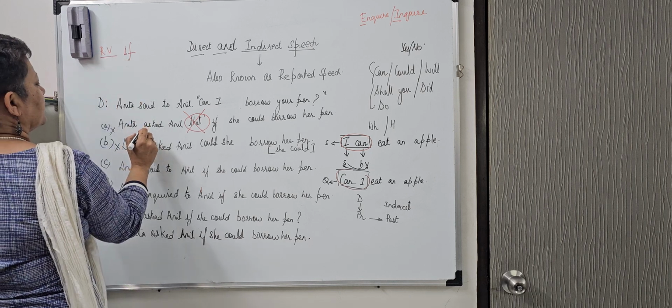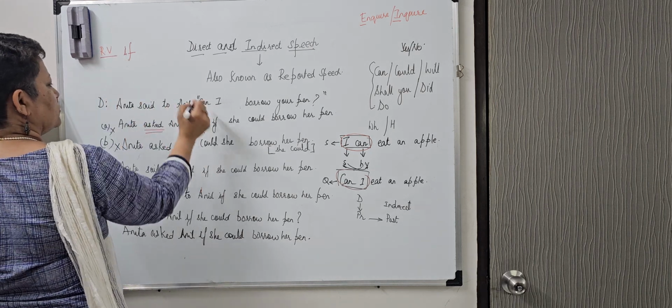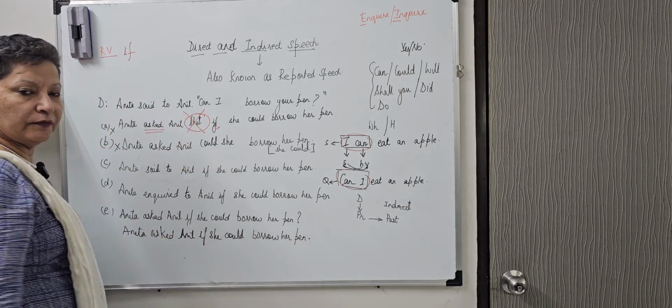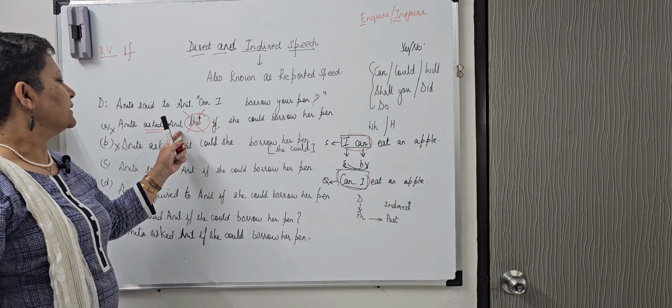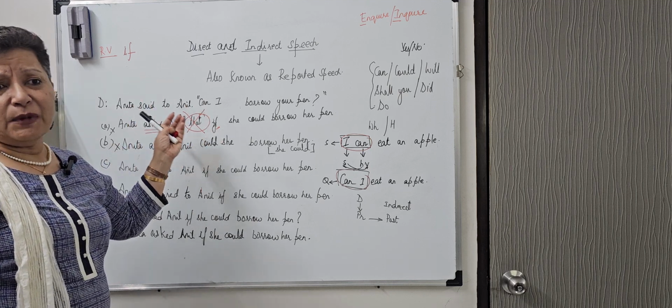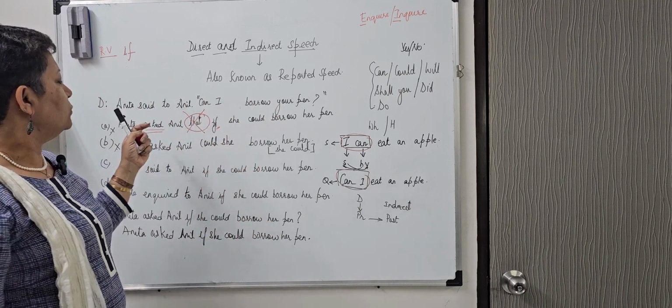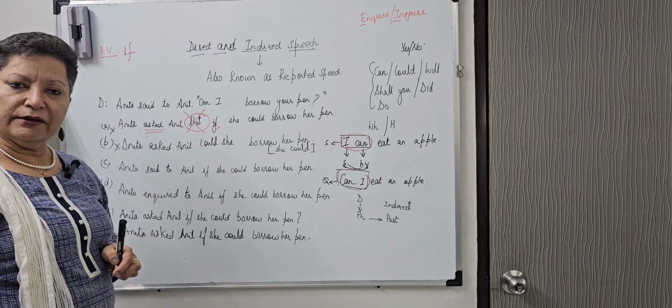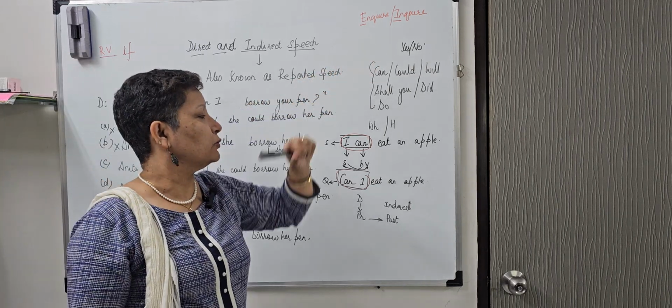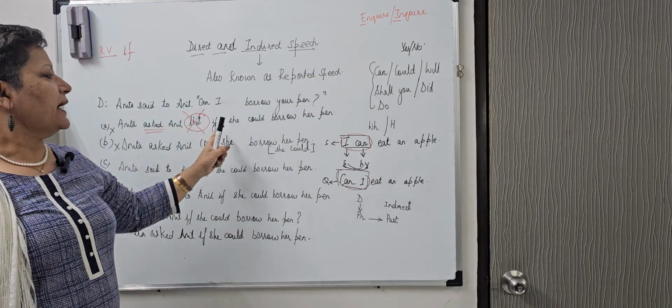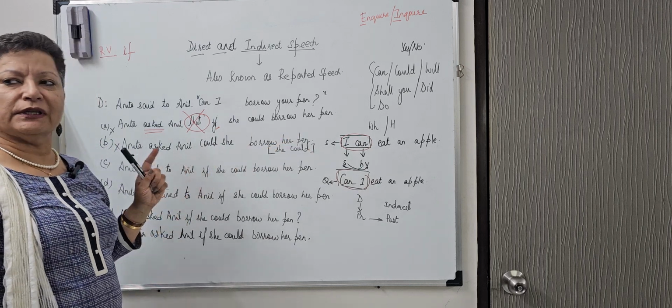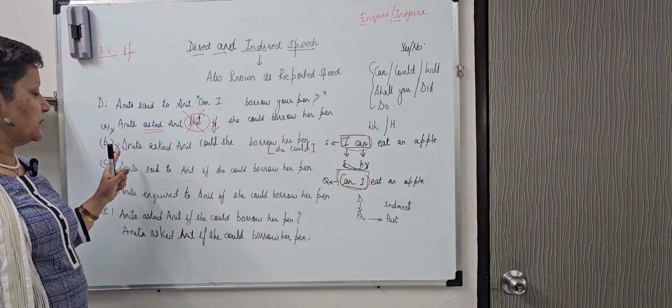The reporting verb here is asked and it has to be followed by if. So, Anita asked Anil if, Ma'am asked Sunita if. So, there is always going to be an if when it is a yes and no question. The rest of the sentence I am not looking at as of now because we need to have a look at the other options first.